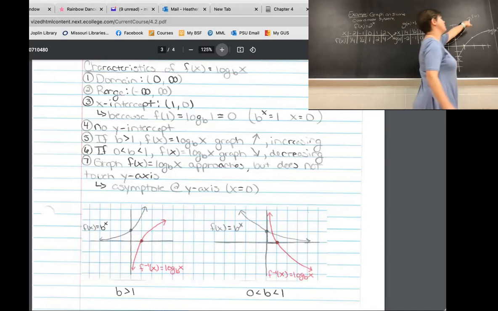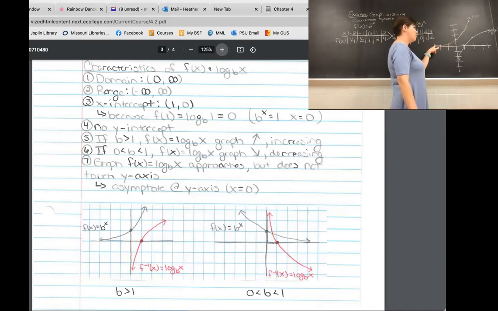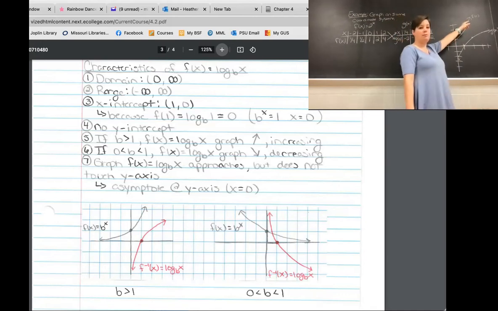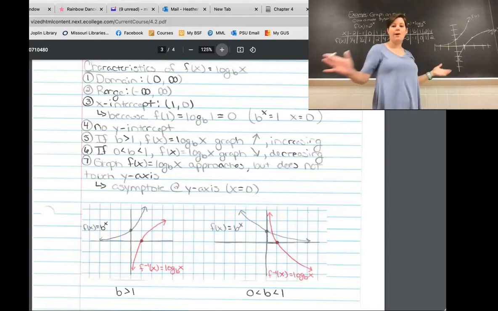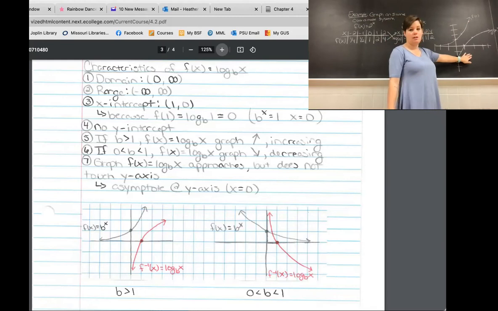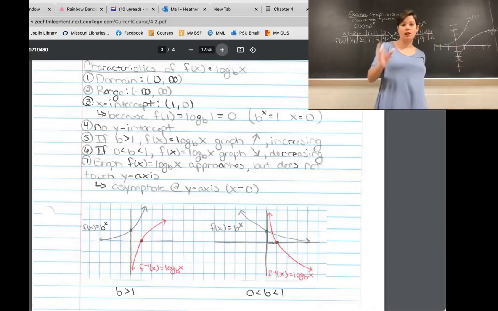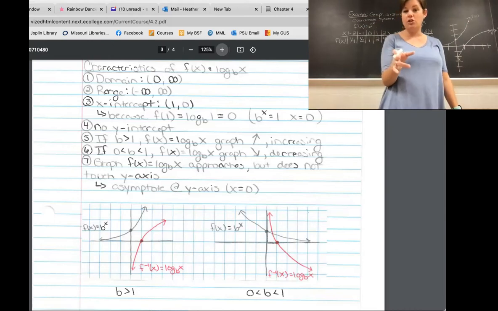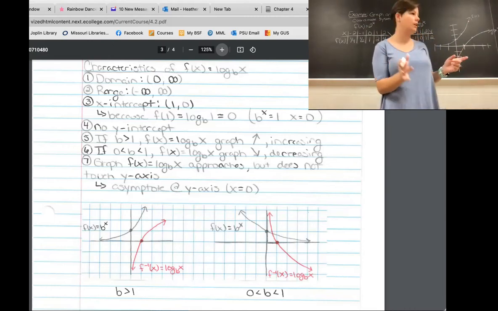See, they're kind of opposites of each other. Our domain was -infinity to infinity because it goes on forever. There's no x value I can't hit on the exponential. But on the logarithmic, it just goes from 0 to infinity. They're kind of flip-flopped because the range now on logarithmic is -infinity to infinity.